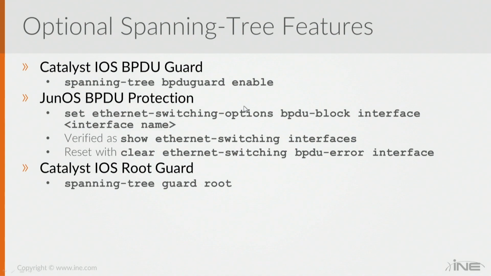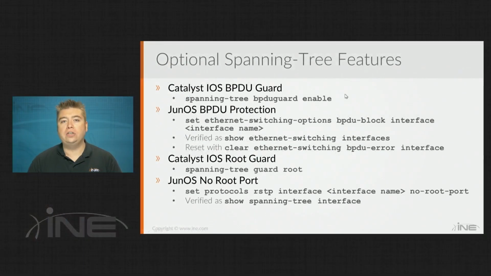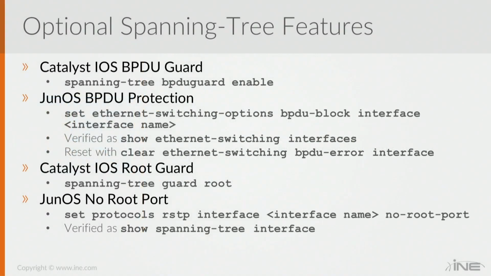Okay, we also have spanning tree root guard, which is a subset of BPDU guard in the Catalyst world, or a subset of BPDU protection in JunoOS. It says I'm allowing spanning tree messages to come in, but if it's a superior BPDU advertisement, so someone is claiming themselves as the root bridge, then I'm going to disable the port. I'm going to put it into an inconsistent state. In Catalyst, this is spanning-tree guard root at the link level.